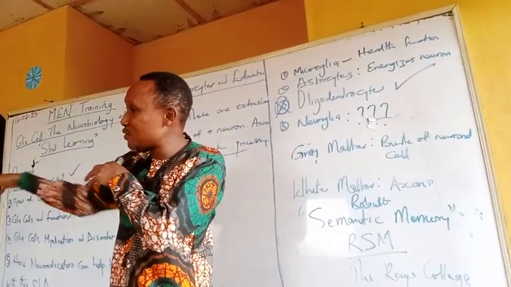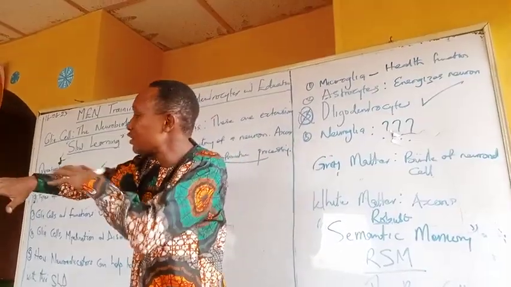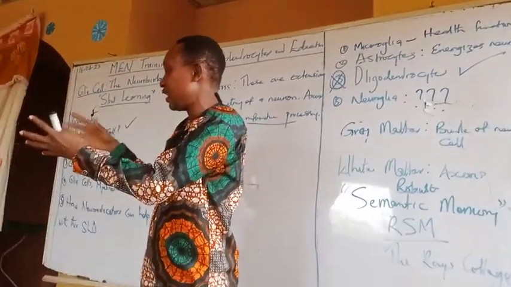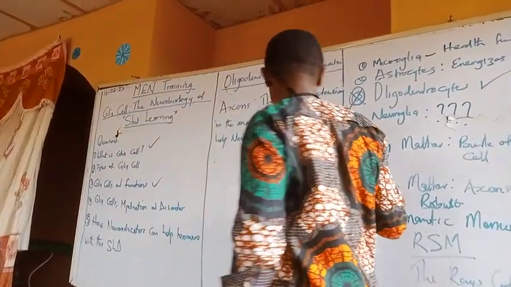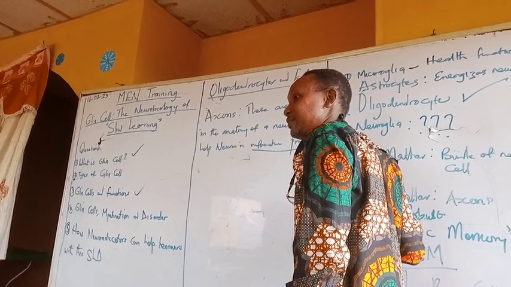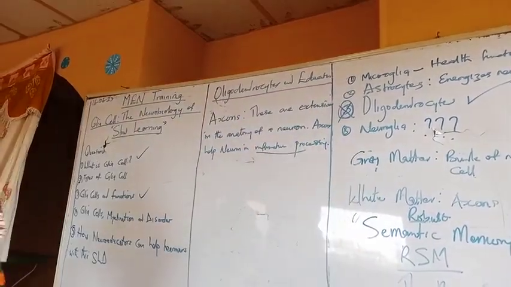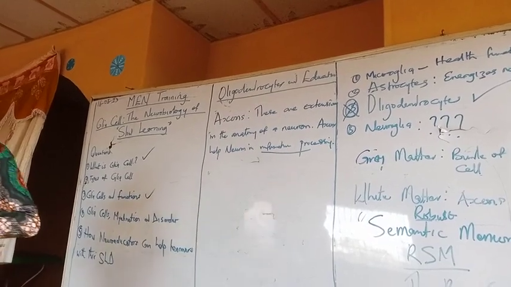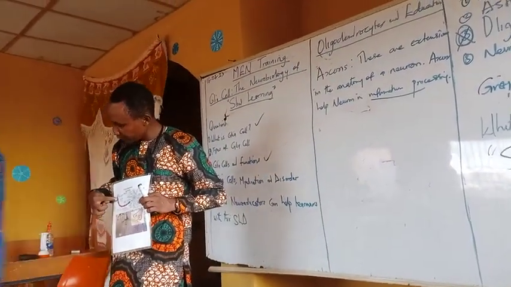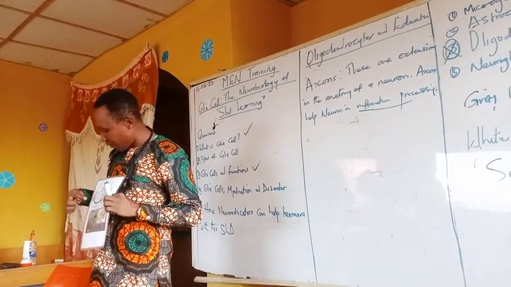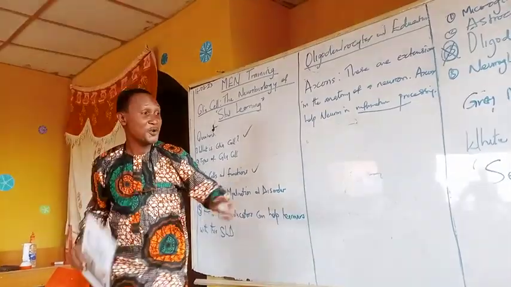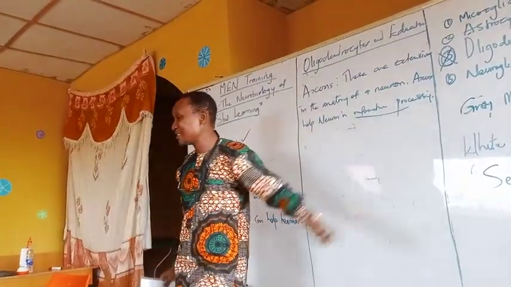They are cables, they are extensions, and the population of those axons is known as white matter. The total sum of all the axons is known as white matter in the brain.